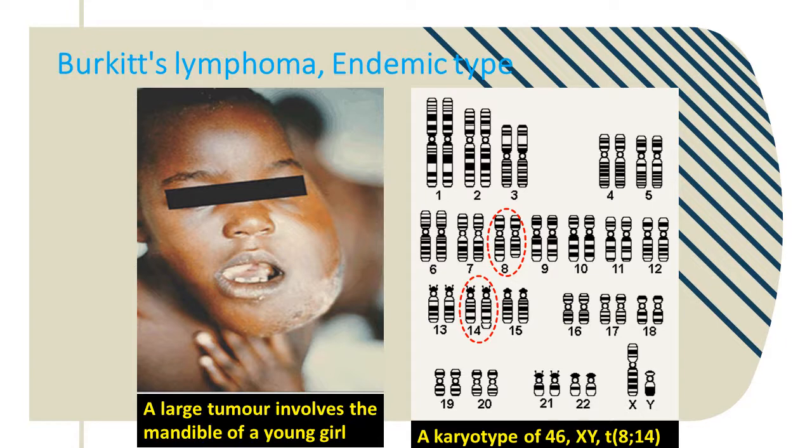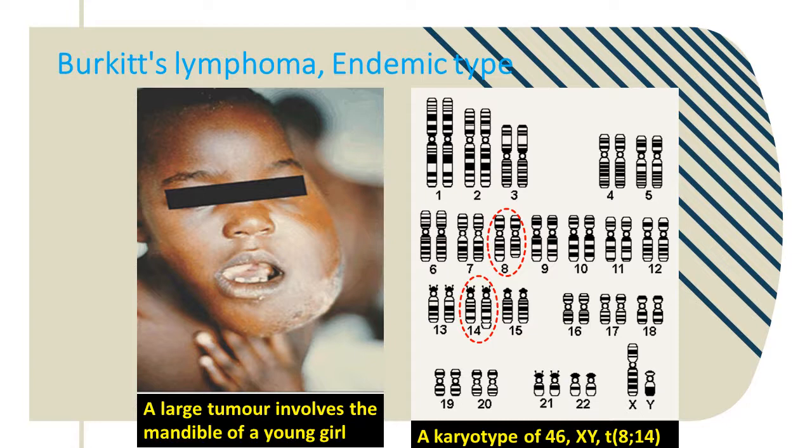This picture shows a fungating mandibular tumor that ulcerates through the skin. Facial involvement is a feature of the endemic form of Burkitt's lymphoma. This 46,XY karyotype demonstrates the translocation between chromosomes 8 and 14 typical for Burkitt's lymphoma.